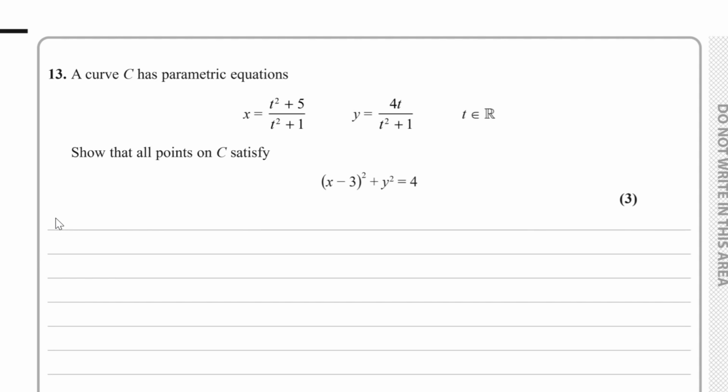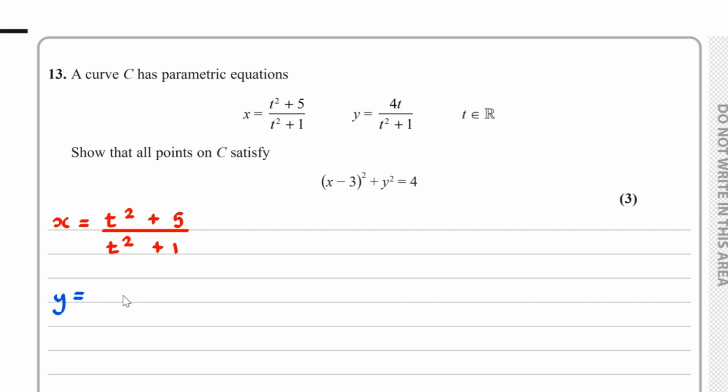Well, if we begin with our parametric equations, we have x equals (t squared plus 5) over (t squared plus 1).